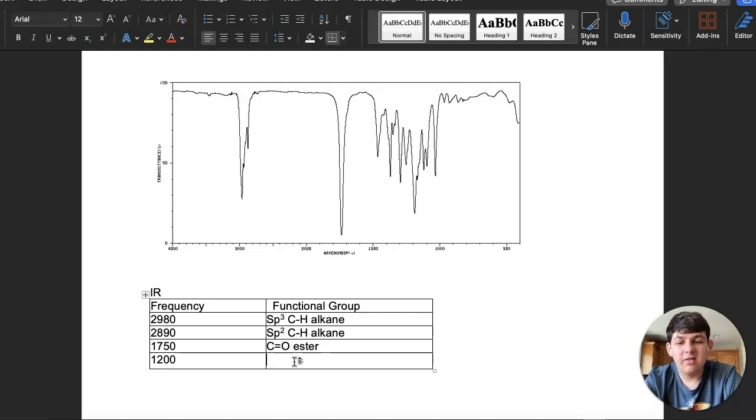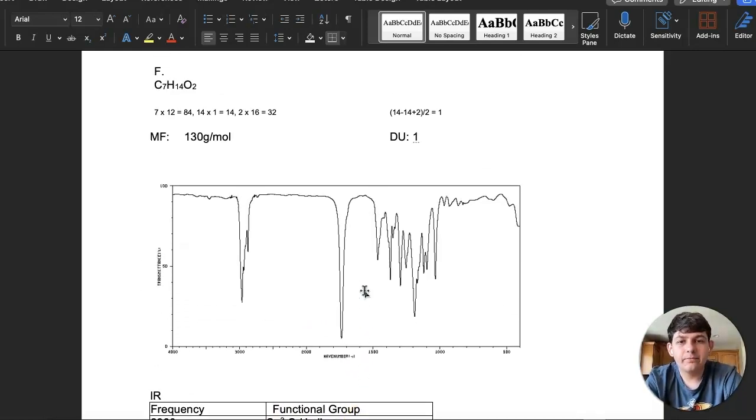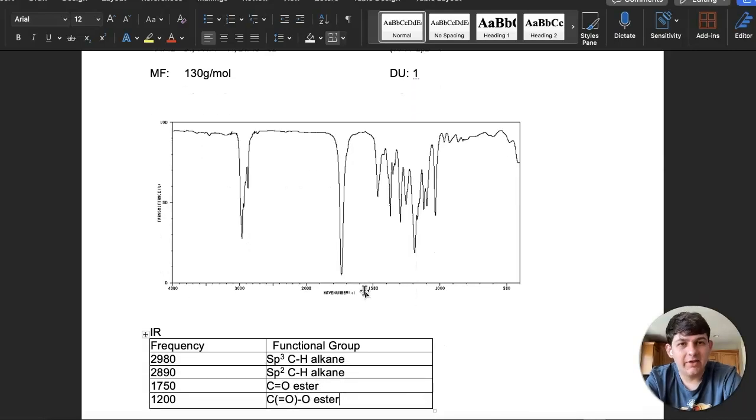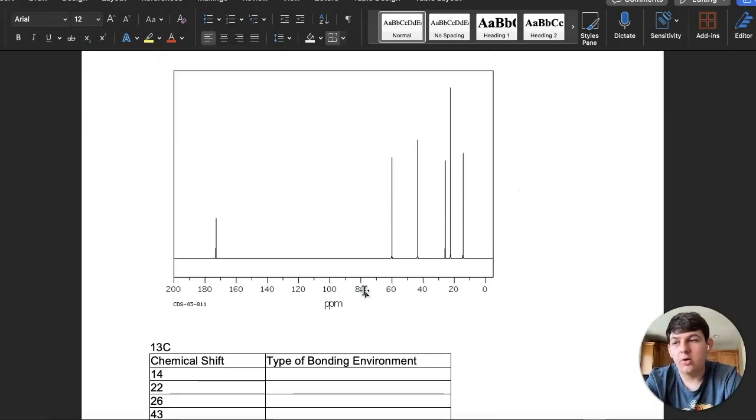So that solidifies this is most likely an ester we're looking at. And then around 1200 right here, this spike on the IR, we have a C double bonded to an oxygen with an additional oxygen coming off, which again gives us the picture of an ester formation. So that gives us a lot of data right there. Just need a little bit more to work with.